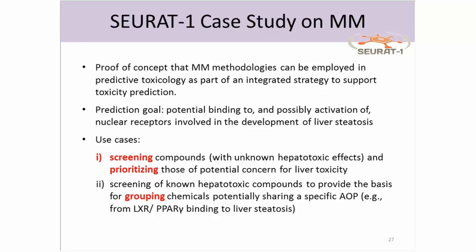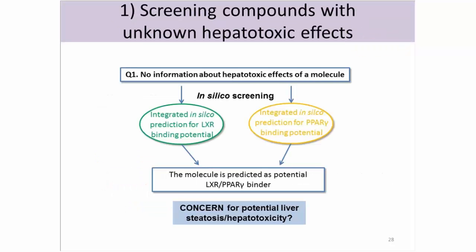In one case, the idea is to see if molecular modeling is able to predict if a compound is a binder of LXR or PPARγ. And in the other case, we had some known hepatotoxic compounds, and the idea is to see if molecular modeling is able to group compounds according to their possible AOP. So they are hepatotoxic, non-hepatotoxic, and maybe they are hepatotoxic for this AOP.